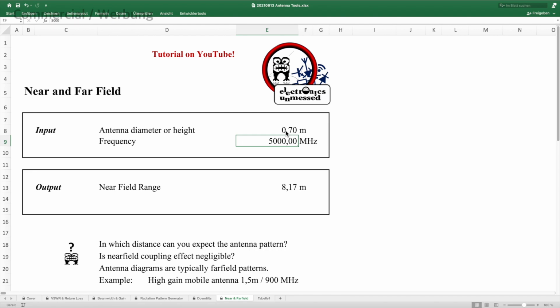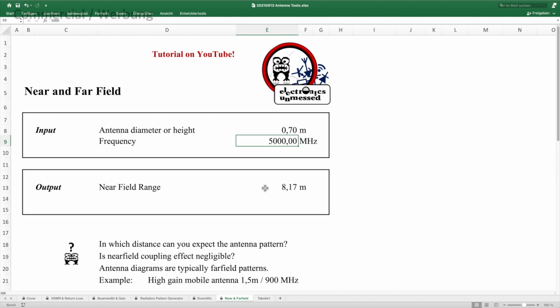Our tool here tells us now that the near field range is about 8 meters. This means that we can expect the actual far field radiation diagram only in more than 8 meters distance. We might need to consider this when we operate other systems close to the antenna.